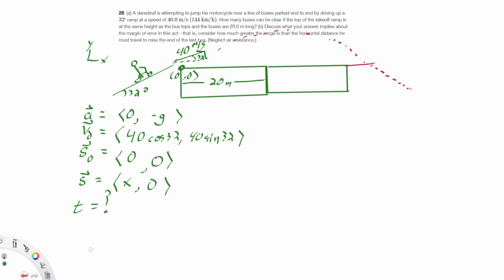So if we do a quick check, we've got two unknowns, t and x. But we know that we can write down two equations using our first kinematic, so we're not overly worried about this situation. All right, so in fact, let's bust out that first kinematic.